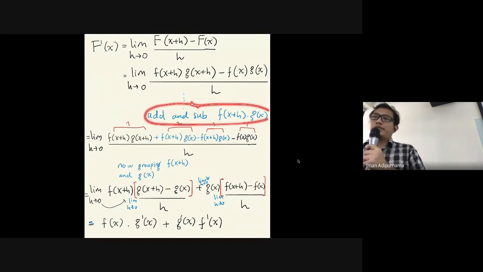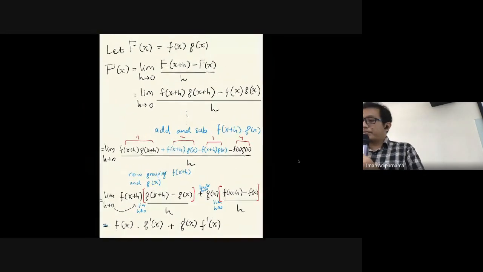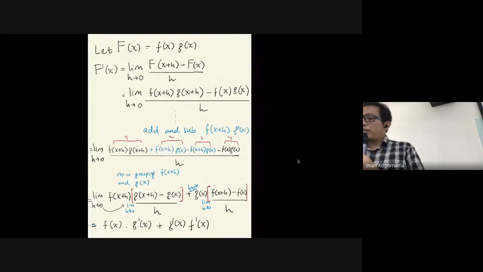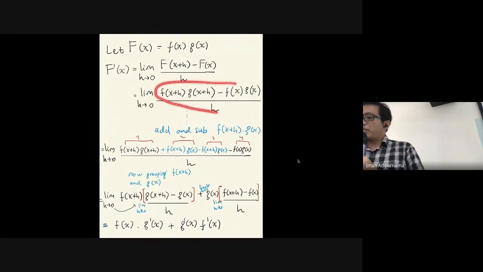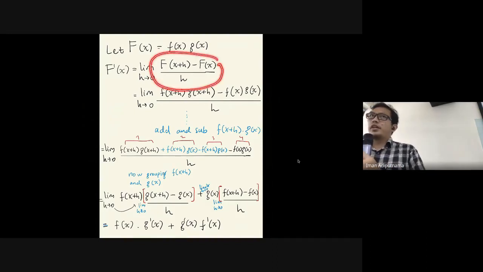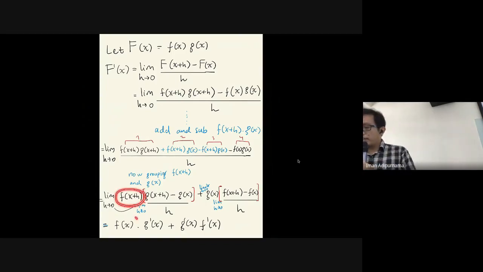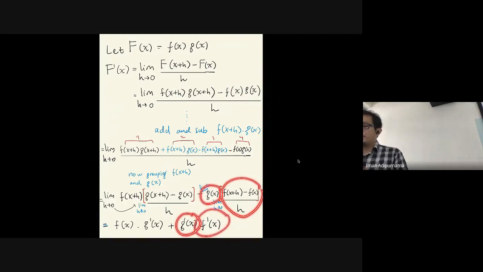But the point of this process is that we can rewrite our form to make the derivative form appear one more time, so we can make sure that one is the derivative. So this is just f, this one becomes g prime, this is just g, and this last part becomes f prime.